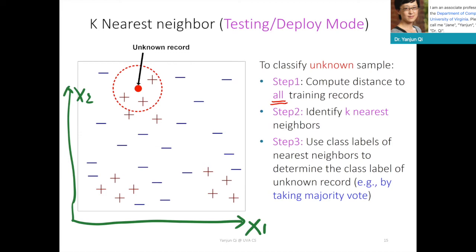Based on the property of the future point, you calculate the distance to only part of the training records. Those are more advanced k-nearest neighbor methods. But in the vanilla version, you compute the distance of each X question mark to all the training points, then you sort to get the k-nearest neighbors, and you just do a majority vote, using the class labels of the nearest neighbors to determine the class label of the record.